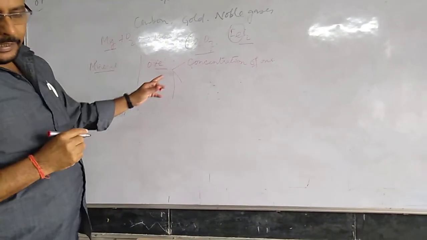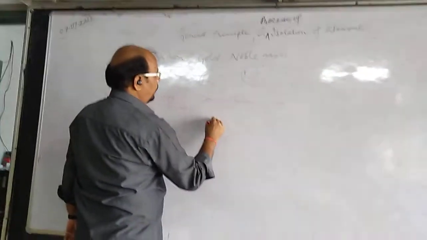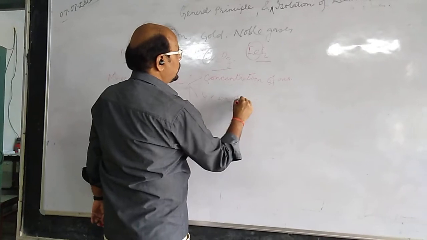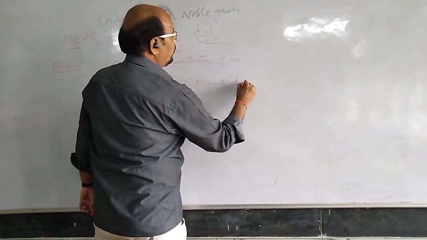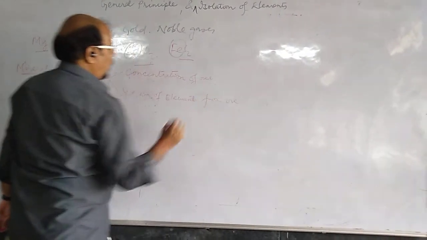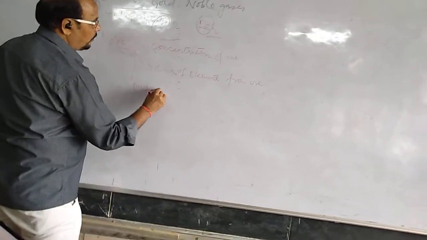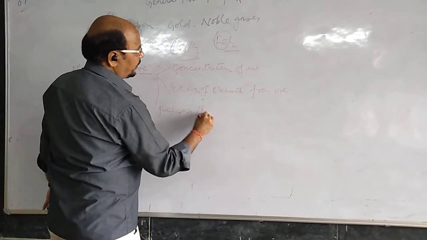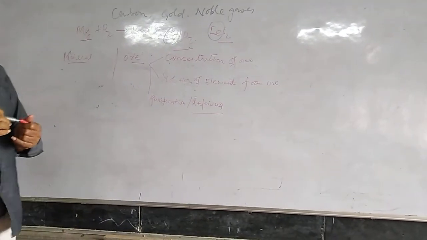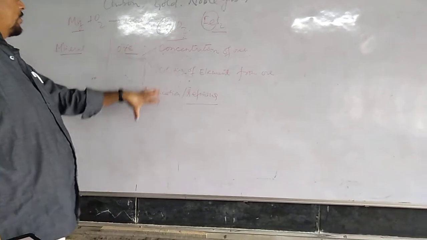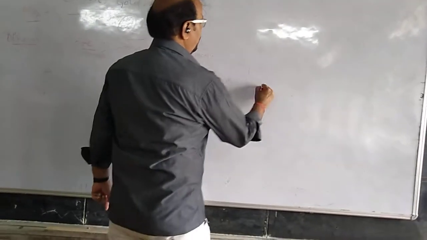The second one is isolation of the element from the concentrated ore, and then it can be obtained in pure form by refining it. So these are the three processes, and they are combinedly known as metallurgy.